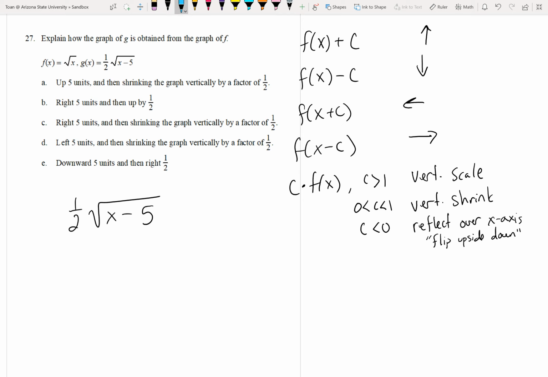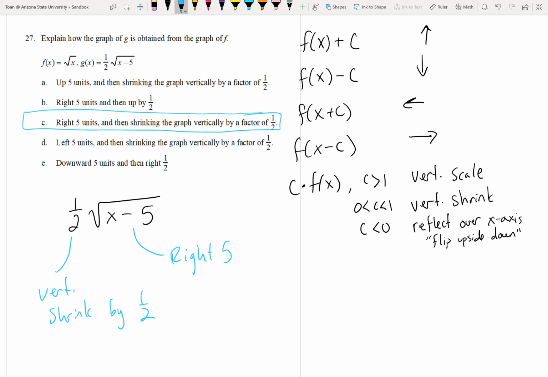Well, knowing function transformations, a -5 to the x means you go right 5, and multiplying by 1/2, which is smaller than 1, on the outside is a vertical shrink by a half, right? And the only one that shrinks by a half and goes right 5 is letter C. So that should have been the answer.